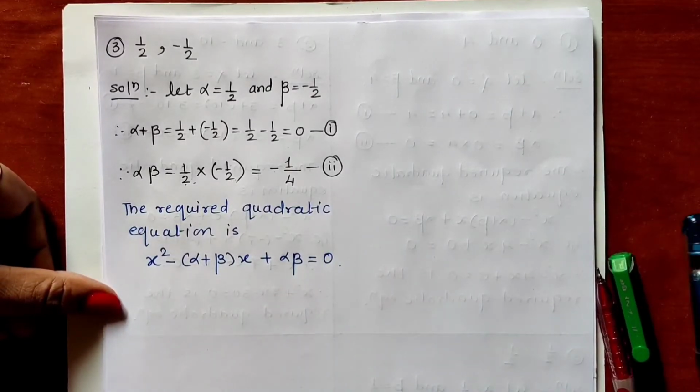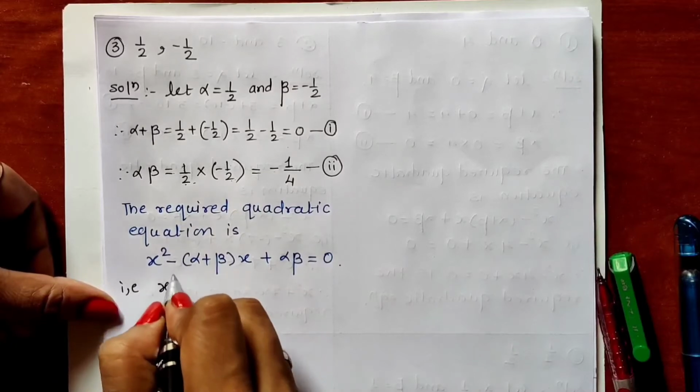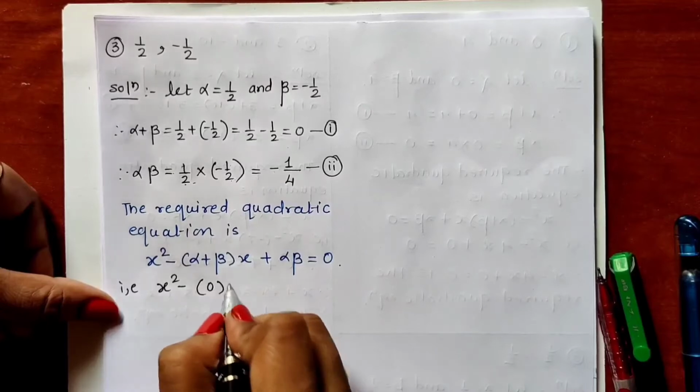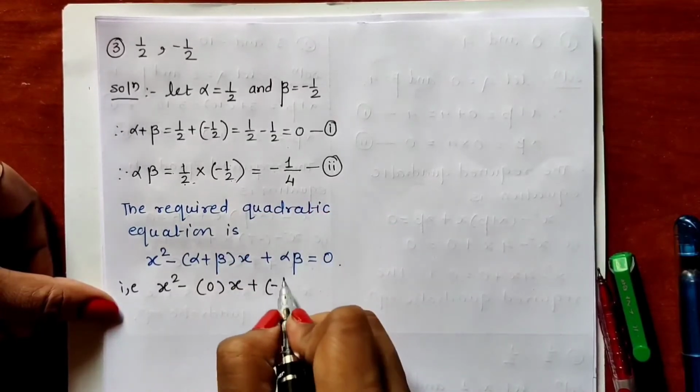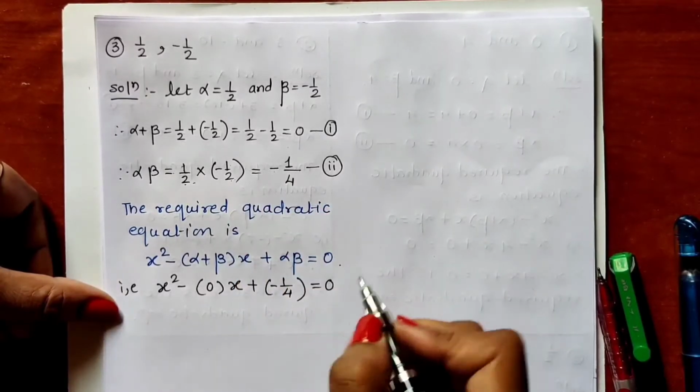Now put the values of alpha plus beta and alpha into beta, that is x square as it is we write, minus alpha plus beta we have got 0, 0x plus minus 1 upon 4. Alpha into beta is minus 1 upon 4 is equal to 0.